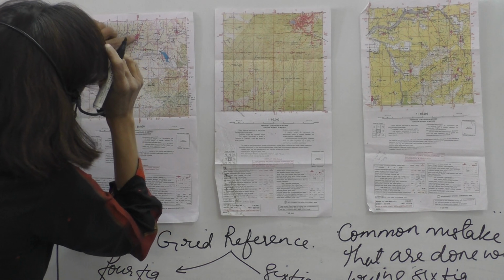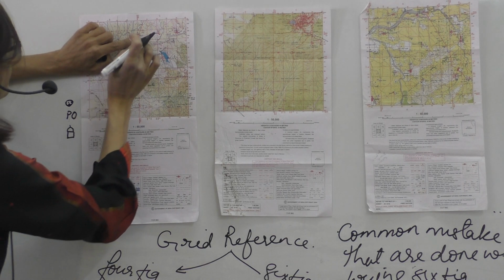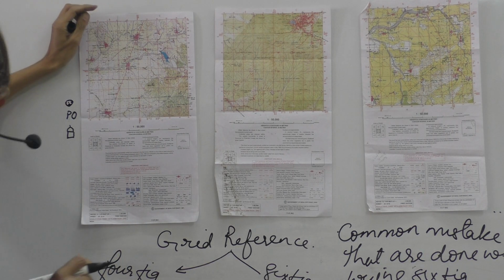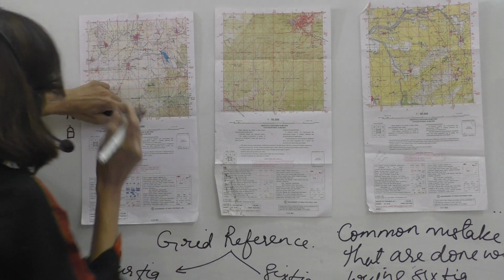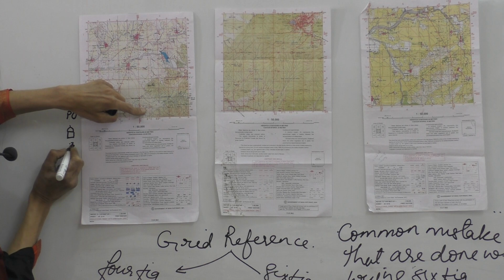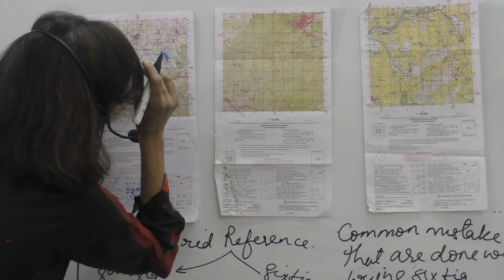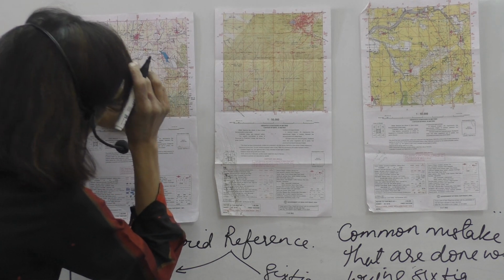Then you have a temple. Then they can ask you spot height, 313.